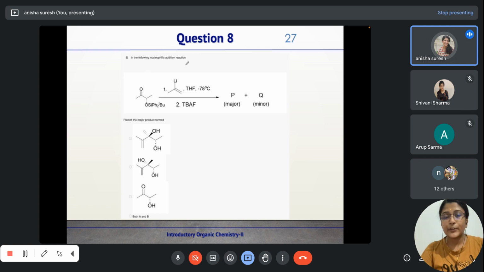Now this is question number 8. In the following nucleophilic addition reaction, here there is a carbonyl, and adjacent to that there is an electronegative oxygen atom which is protected by TBDPS, that is tert-butyl diphenyl silyl.